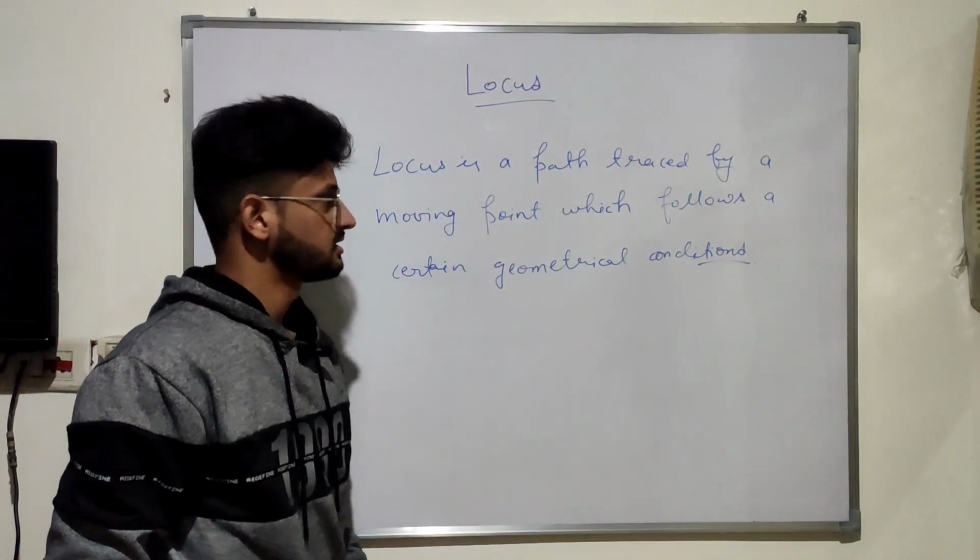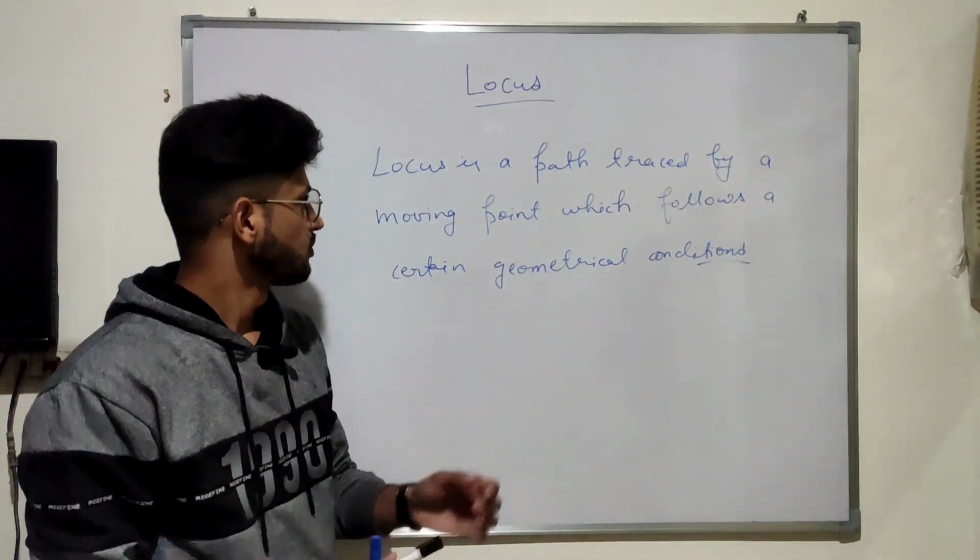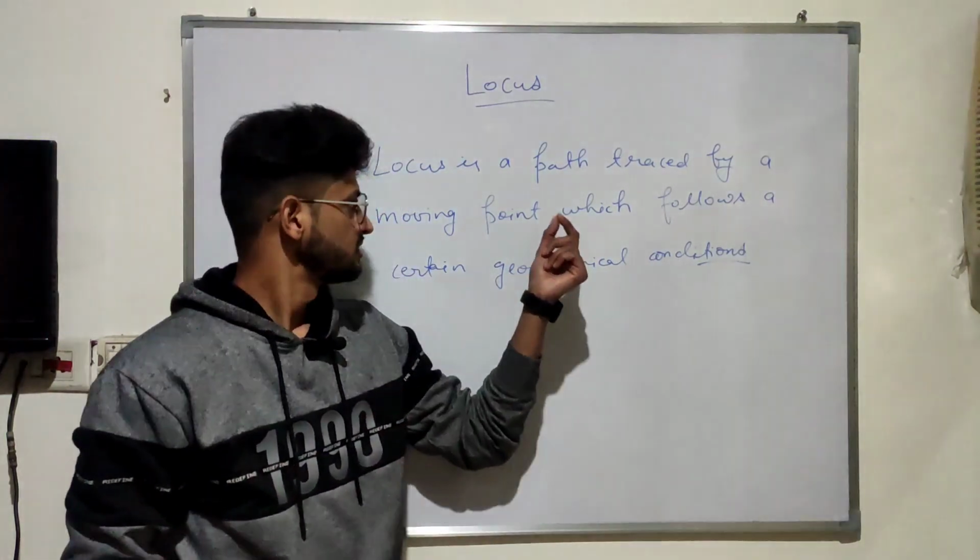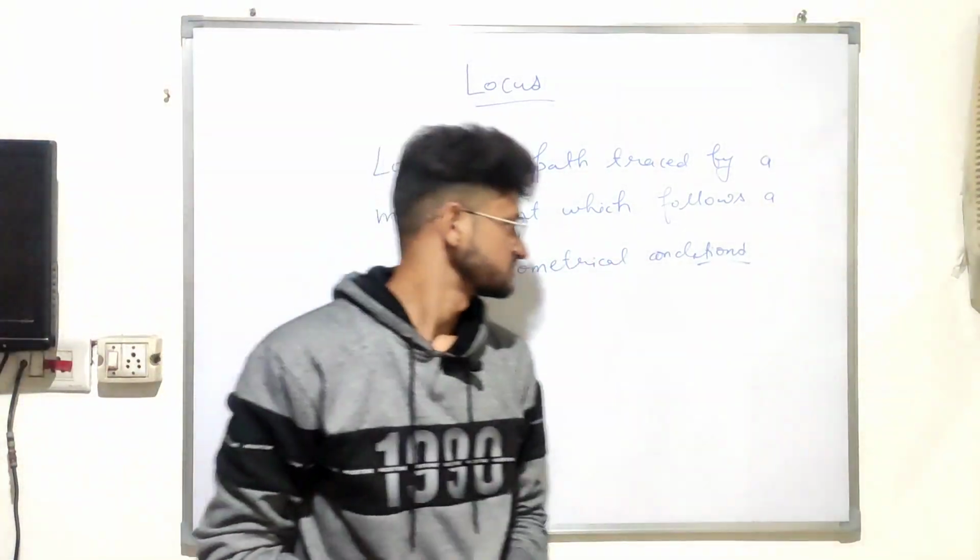So basically the locus definition is written here. Locus is a path traced by a moving point which follows certain geometrical conditions.